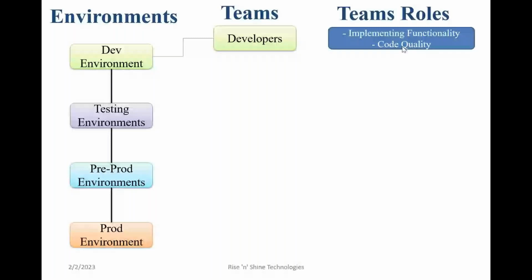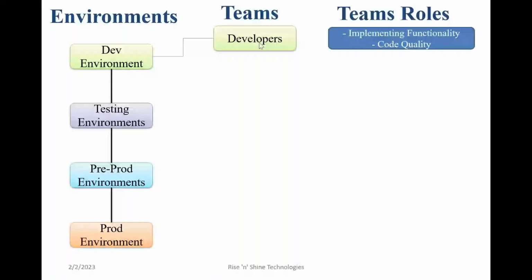That means running their unit test cases and integration test cases. They need to implement the code, make sure it is of proper quality and in proper working condition, meaning there are no errors in that code. These are the objectives of the developers.